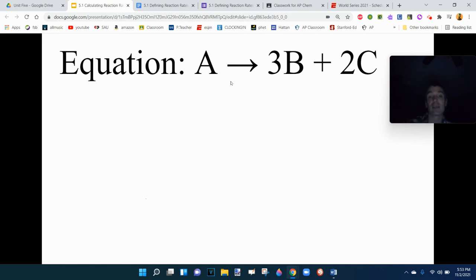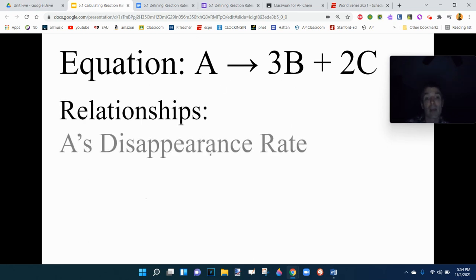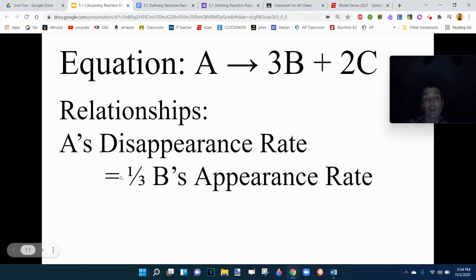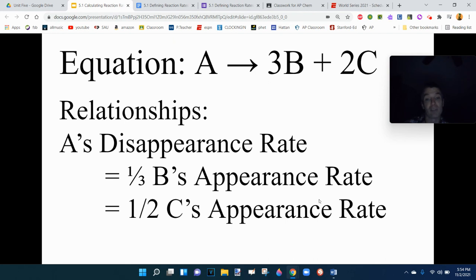A's disappearance rate is a third of what B's appearance rate is, and half of what C's appearance rate is, because of the molar coefficients. So A's disappearance rate is equal to a third of whatever B's is, and half whatever C's is.